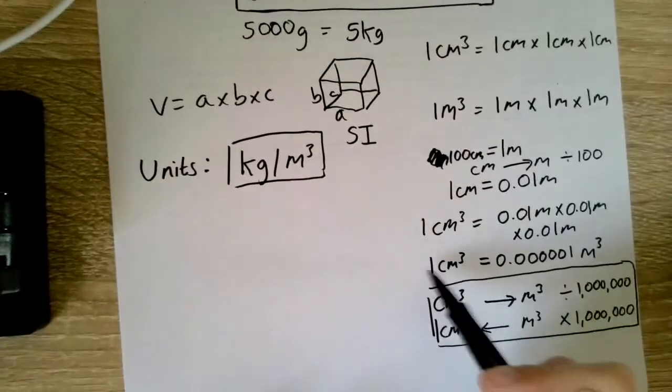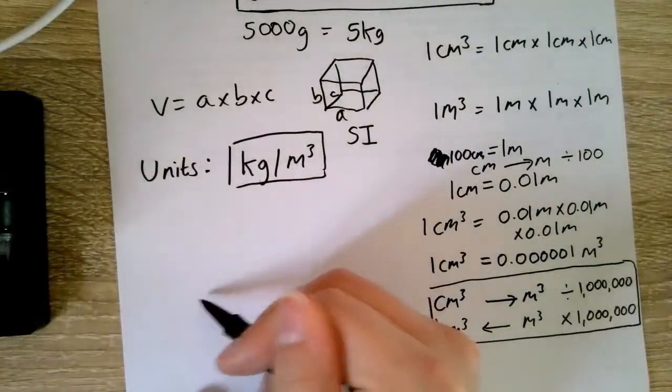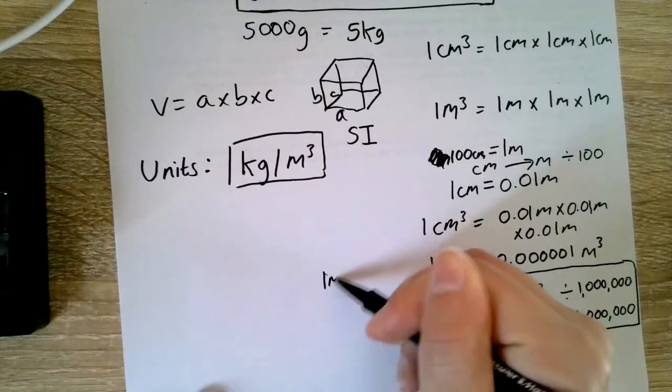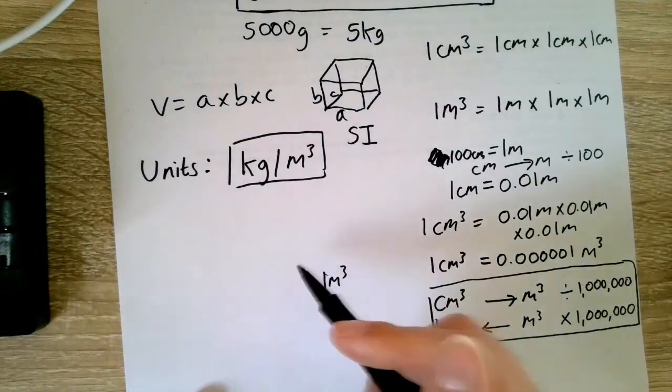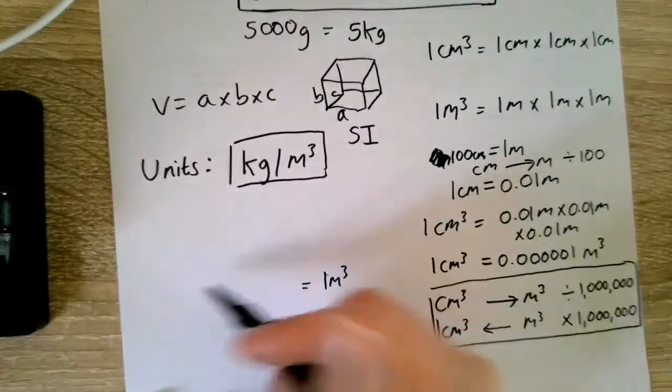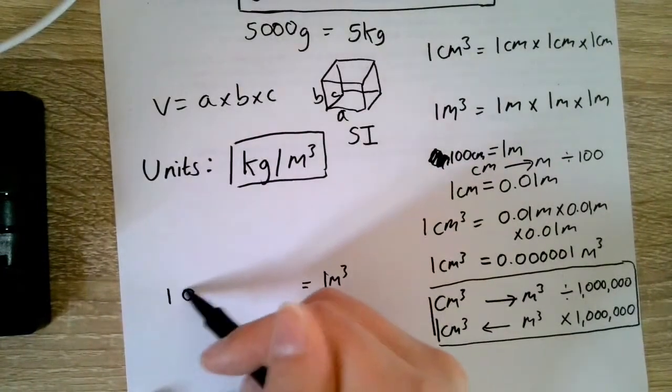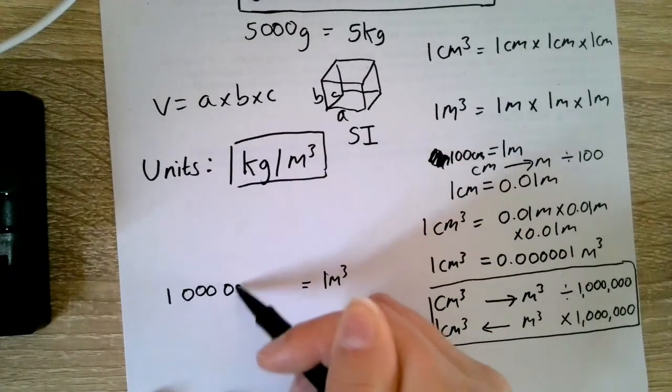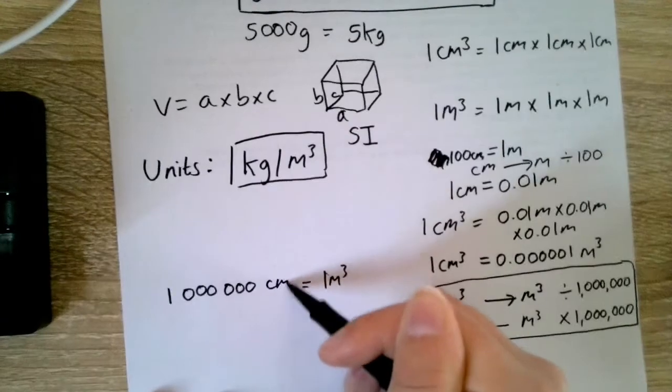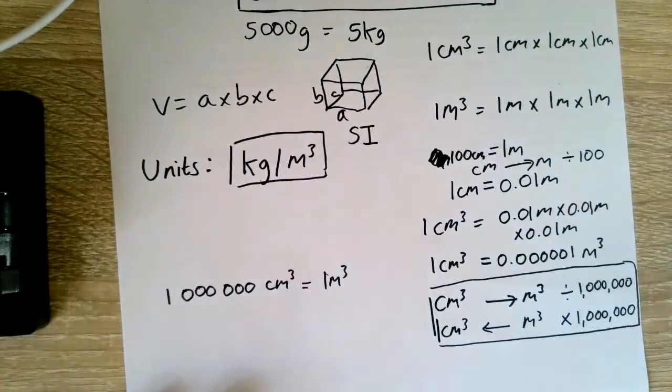We could also write this in terms of 1 metre cubed: if we times by a million, then a million centimetres cubed is equal to 1 metre cubed.